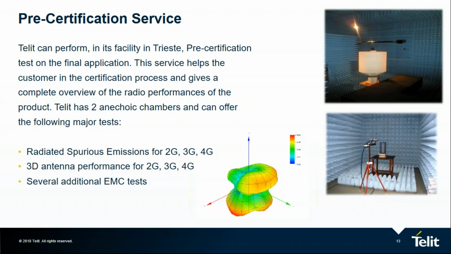Tests we can offer are radiated spurious emission in all the technologies, sensitivity test, power output test, also 3D antenna performance, and this is mainly a requirement for all the products that are deployed in America and US, since for PTCRB, AT&T and Verizon, there are very strict requirements for the antenna that the application has to respect.